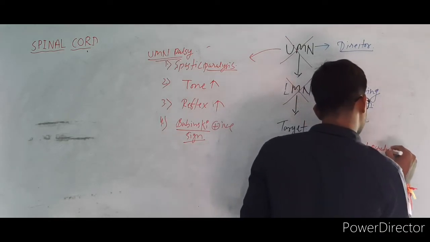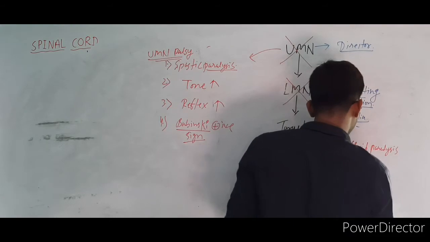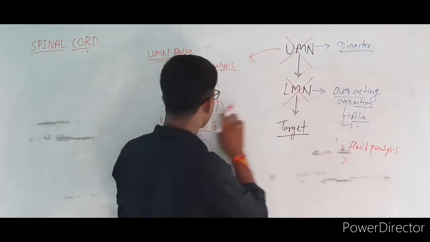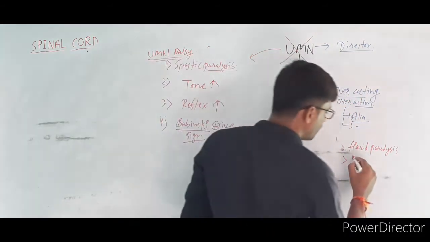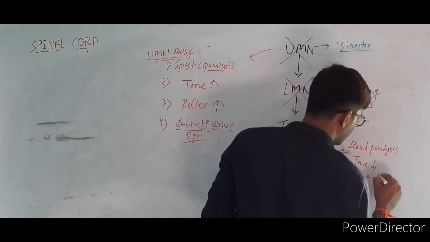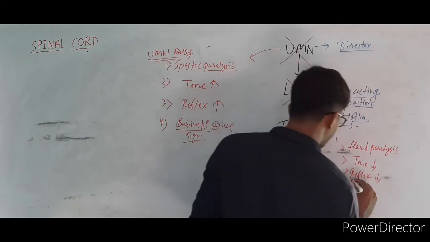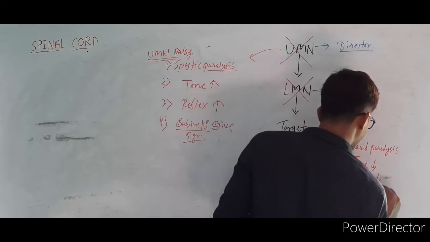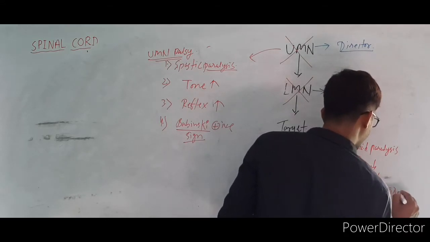Flaccid paralysis. Second, tone will decrease. Reflex will decrease. And the Babinski sign will be negative.